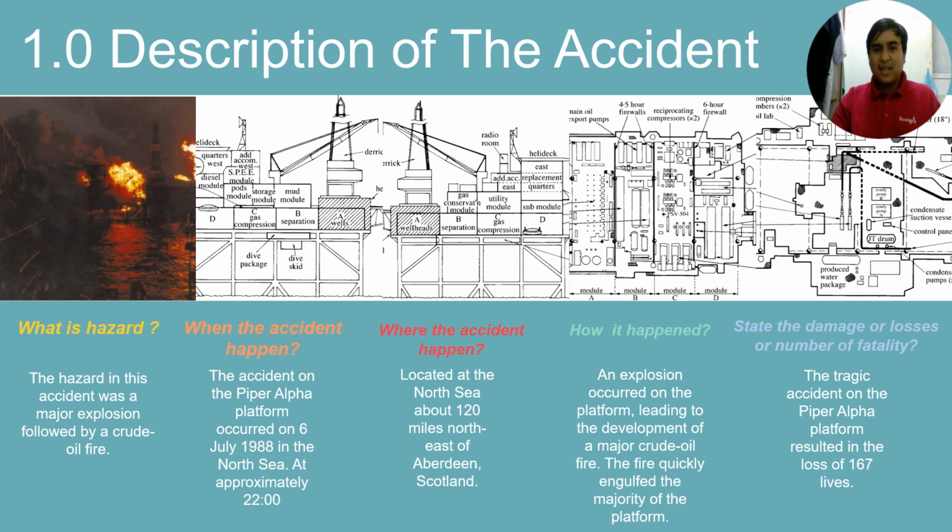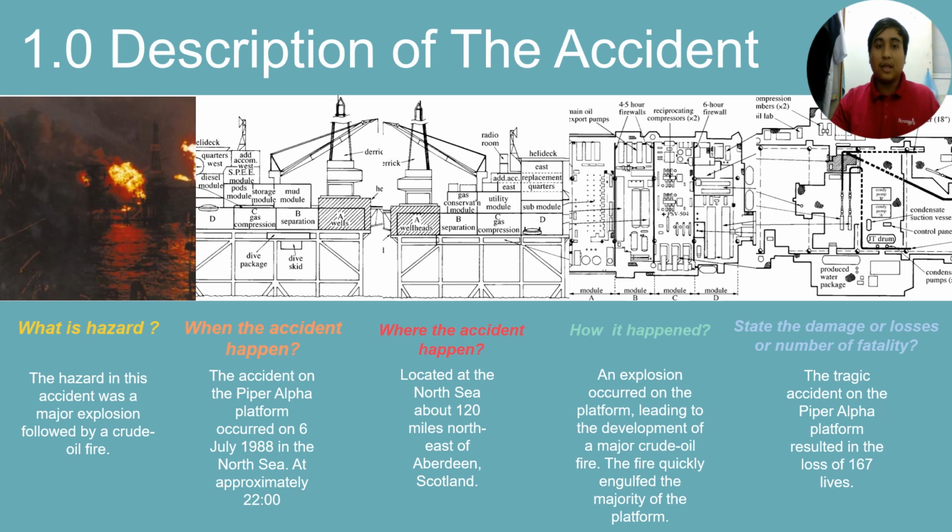Then, how did this actually happen? An explosion occurred on the platform, leading to the development of a major crude oil fire, and the fire quickly engulfed the majority of the platform.